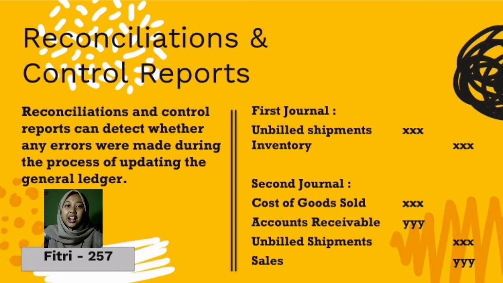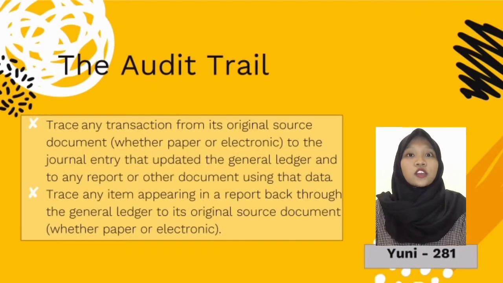The second journal, or the finished journal, is the cost of goods sold in the debit and accounts receivable in the debit, and the credit is unbilled shipment and sales. Thank you, and the next explanation will be presented by my partner. Thank you so much for the opportunity.